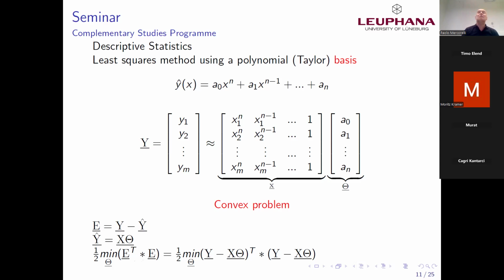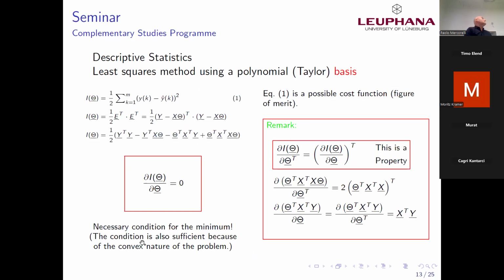I don't know if it's visible. It can be written in this form, because y hat, the right part of this expression, is X multiplied by theta, which depends on A0, A1, AN.